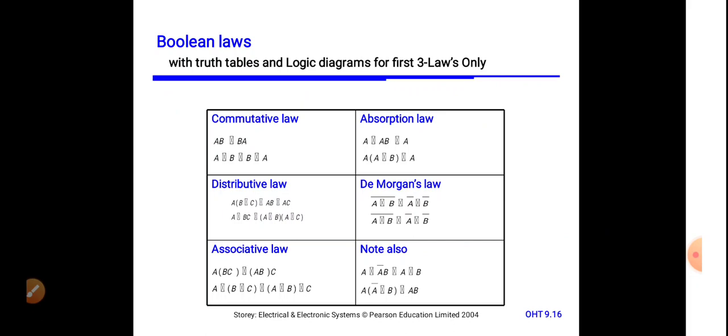Here, as I am using two variables, I'll be getting four different combinations: 0 0, 0 1, 1 0, 1 1.